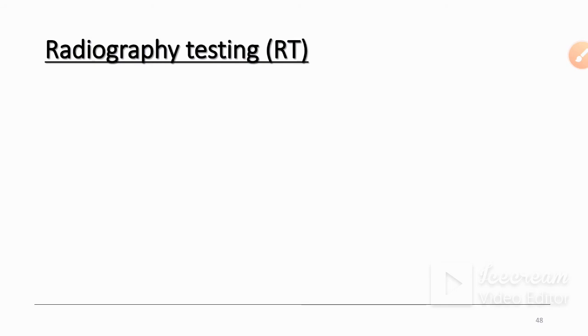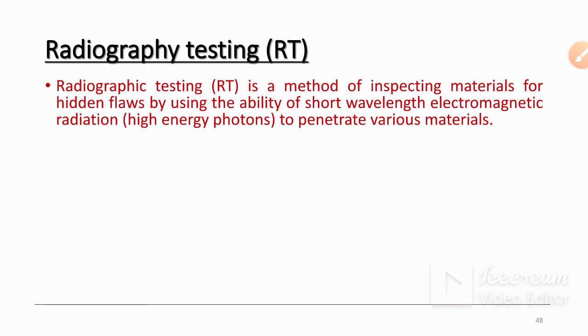Next is radiography testing. Radiographic testing is a method of inspecting a material for hidden flaws by using the ability of short wavelength electromagnetic radiation, which is high energy photons, to penetrate various materials.